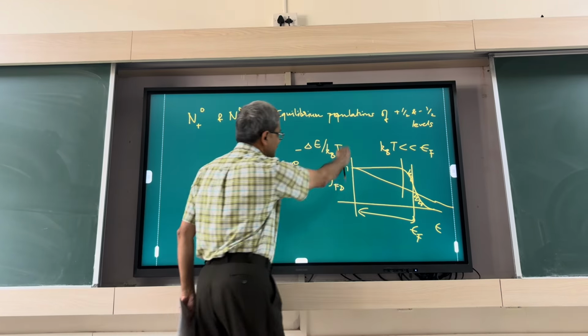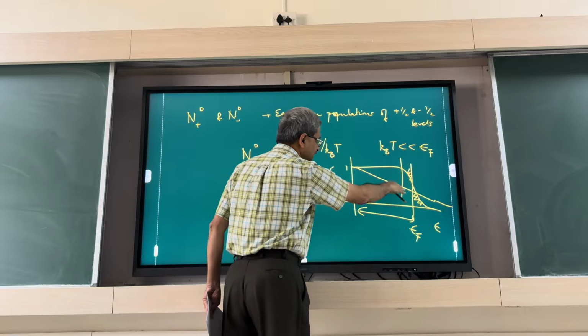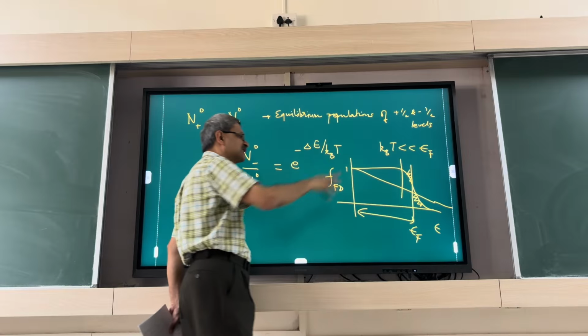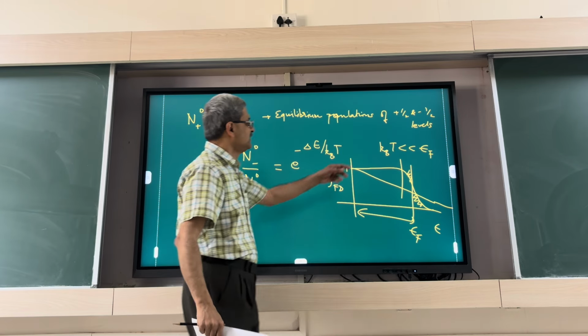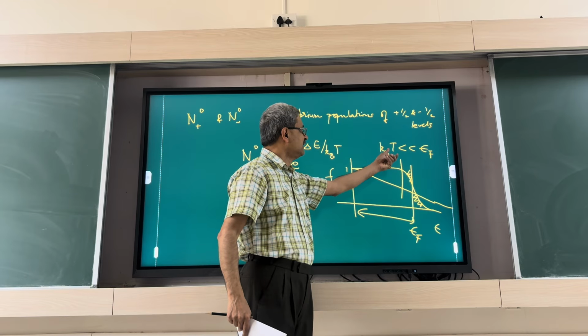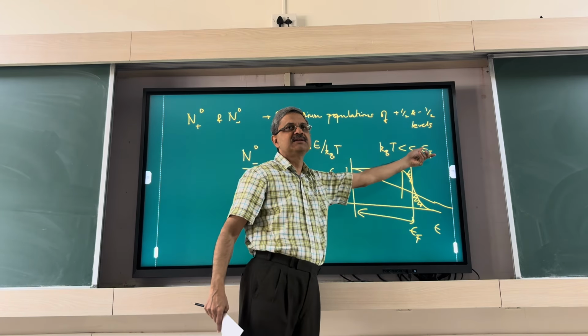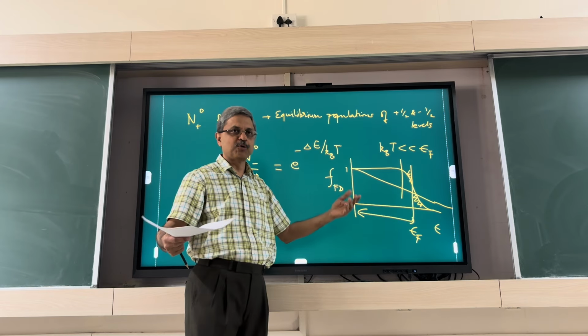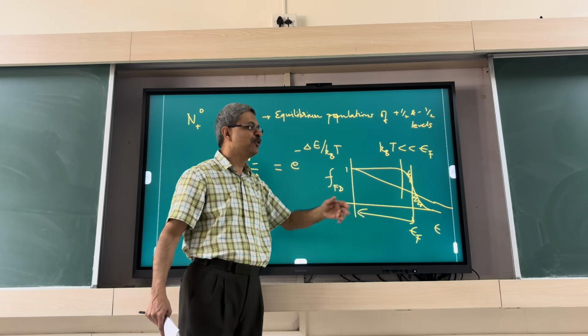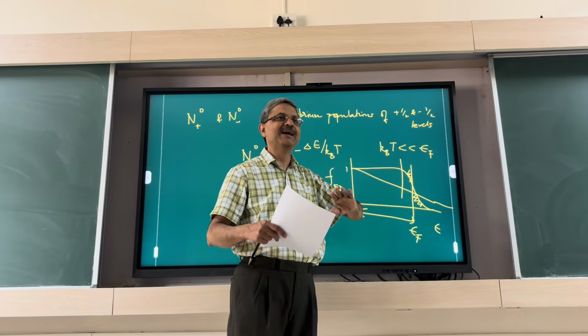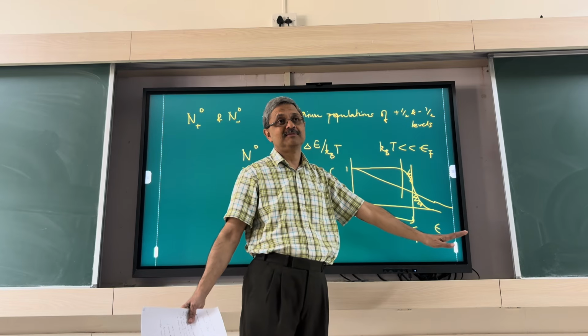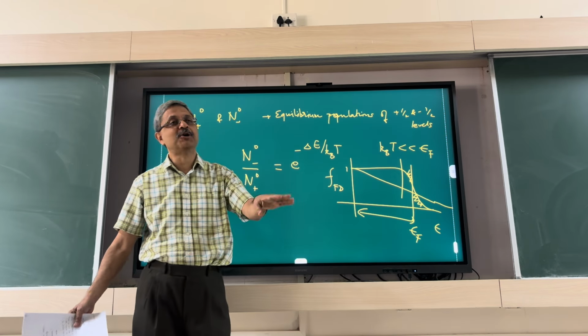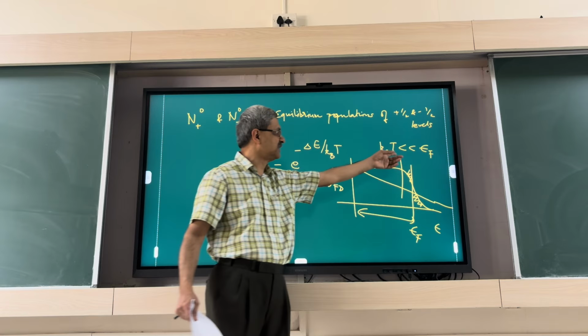Basically whichever range you're dealing with, it's just exponential. So the issue is, what's the thermal energy, and how does it compare with the energy scale in your problem? A typical metal, even at room temperature, you can treat as a Fermi gas at T equal to 0, and your answers are not wrong, they're almost correct because of this reason.